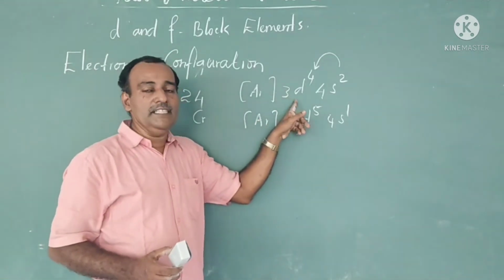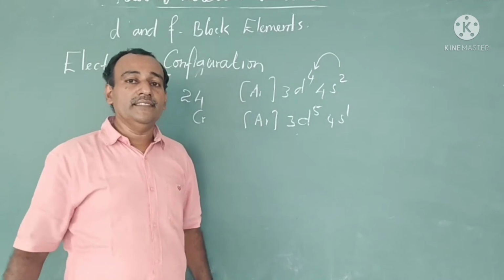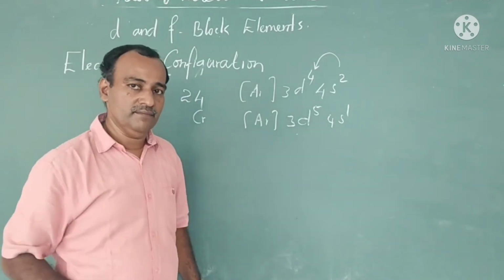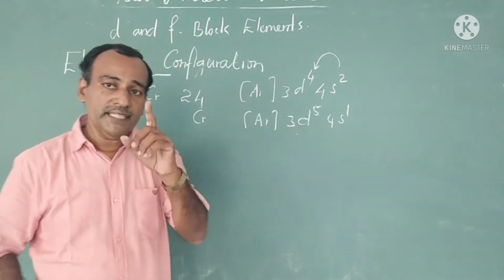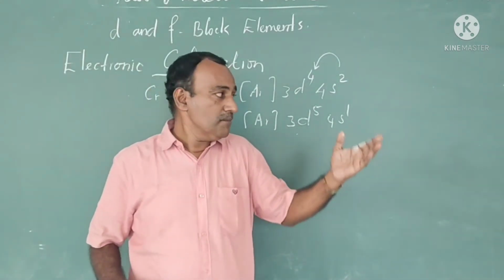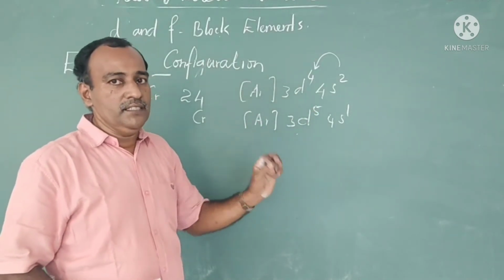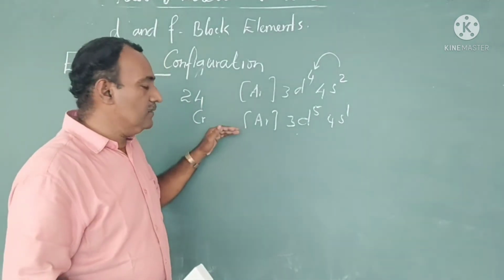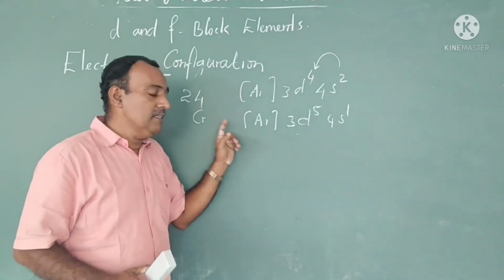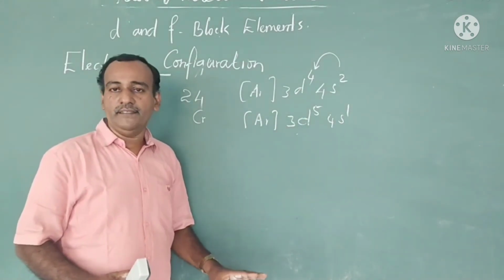Because both the 3d and 4s orbitals have almost the same energy level. Since they have the same energy level, to maintain stability, one electron is shifted from the 4s orbital to the 3d orbital. Therefore, the real actual electronic configuration of chromium is argon 3d5 4s1.